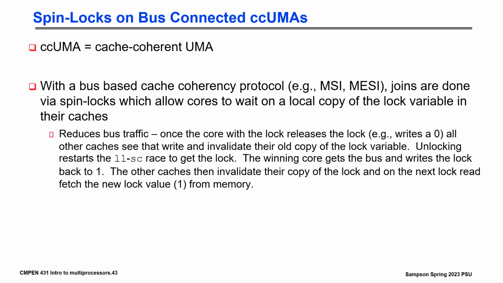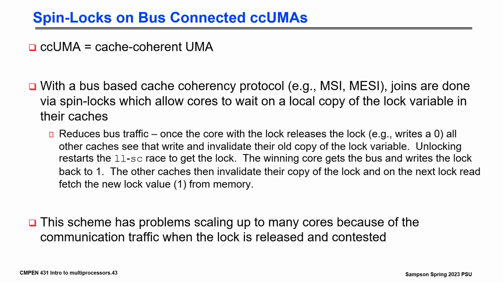Okay, so we've been looking at spin locks, right? And we've been noting that they're not perhaps the most efficient thing in the world, but they're fairly simple to express how they would work to provide mutual exclusion. And the ones that we've shown are pretty easy to understand in a system where you have a global broadcast bus where everyone can actually see and snoop at the same time.